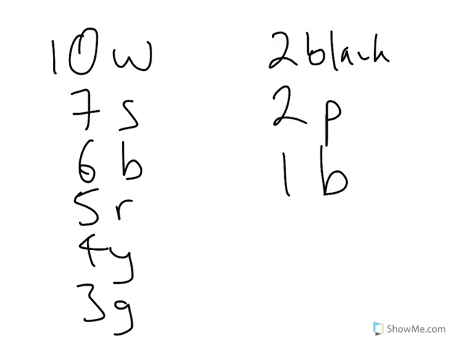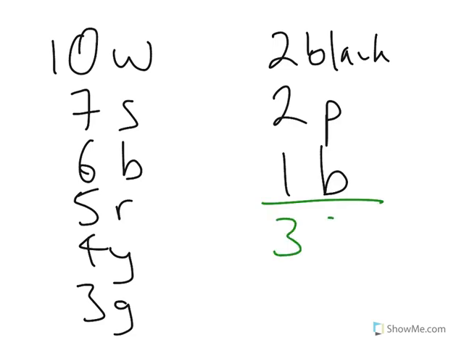Okay, the next question gives us a lot of information. It tells us that this person sells 10 white cars, 7 silver cars, 6 blue, 5 red, and so on. And then he sells 120. How many of those were blue? So let's add up all these first. 10 plus 7 plus 6 plus 5 plus 4 plus 3 plus 2 plus 2 plus 1.